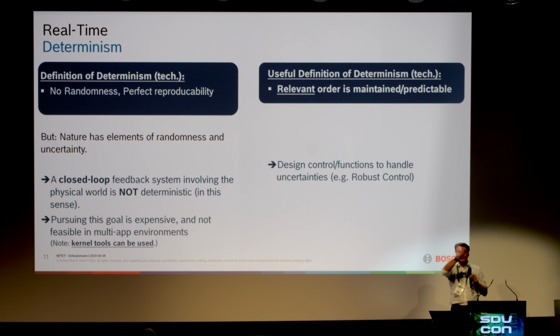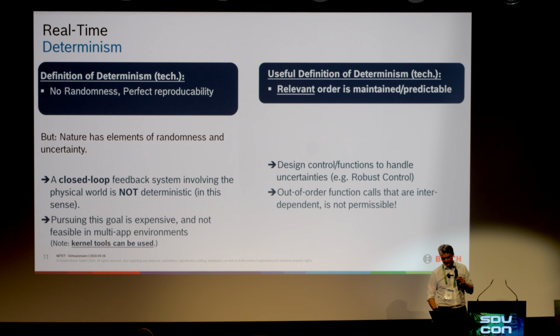You give them the jitter you expect, you give them the randomness you expect, and they should be able to design a controller that guarantees robustness. If you don't know how that is done, ask me. That's my core competence. So out-of-order calls are not permissible. This is the main determinism. This is also how Linux kernel developers would define that.